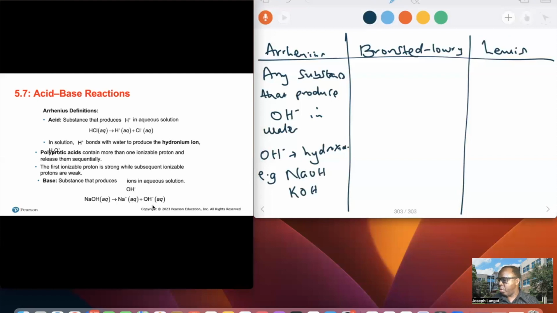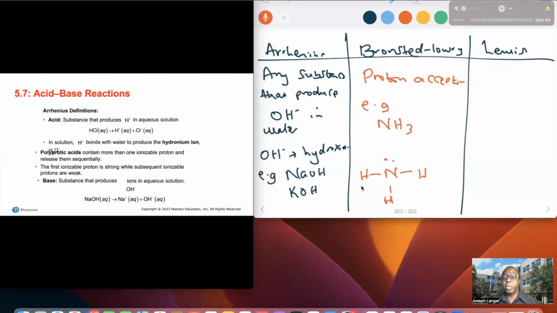According to Brønsted, a base is a proton acceptor. It doesn't have to have OH. Compounds such as NH3 are an example of a Brønsted base because from the dot structure, nitrogen, you don't need to know now, but we'll come back to this later.